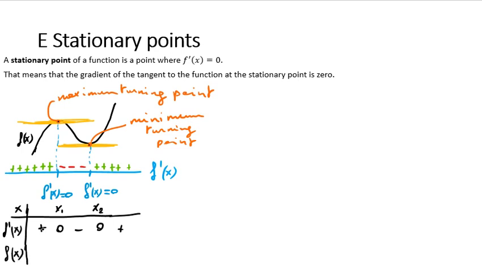So when the derivative is positive, we are increasing. When it's negative, we are decreasing. When it's positive, we are increasing. When you first increase and then decrease, then you have a maximum turning point. When you first decrease and then increase, then you have a minimum turning point. So here, a maximum turning point, and here we have a minimum turning point.